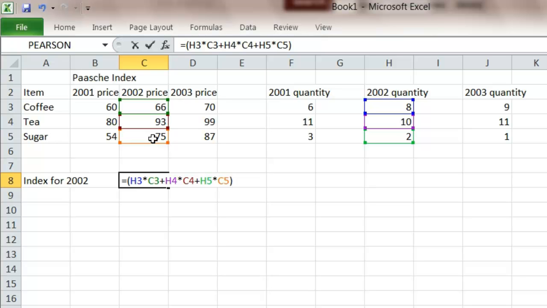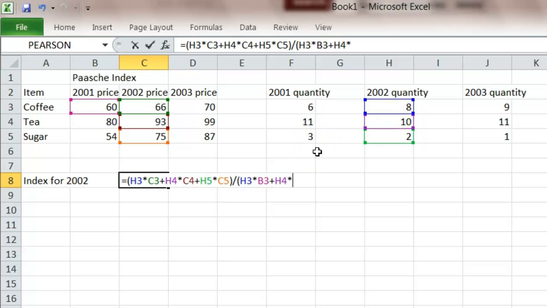But we're now working out the total cost of 2002, and to find the index we must divide it by the cost in 2001, but using the quantities still from 2002. So we still use H3, but now we're multiplying by the 2001 price.